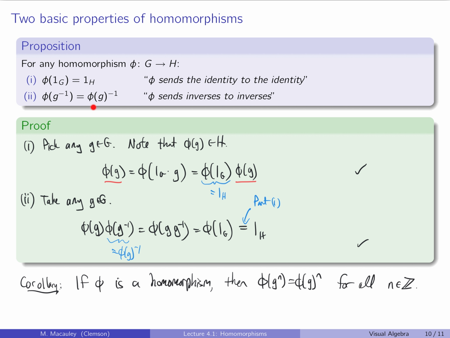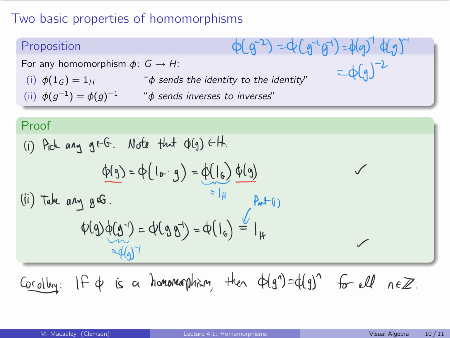And I'll let you check that this holds. It's not too hard to show that phi of g to the minus 2 equals, well, let me just, phi of g to the minus 1 times g to the minus 1, which is phi of g to the minus 1 times phi of g to the minus 1, equals phi of g to the minus 2.